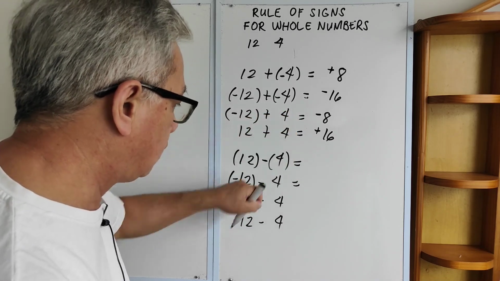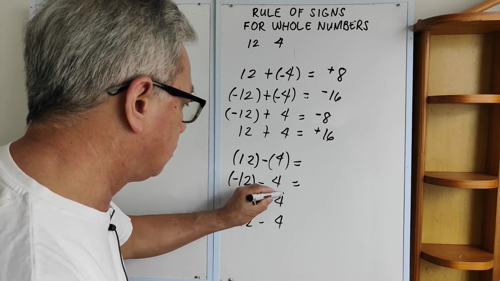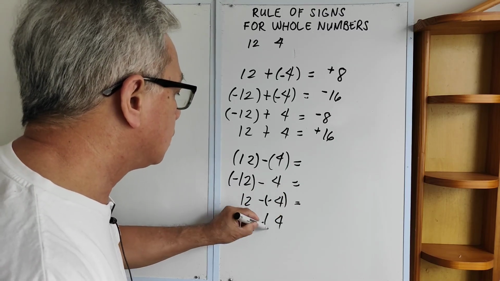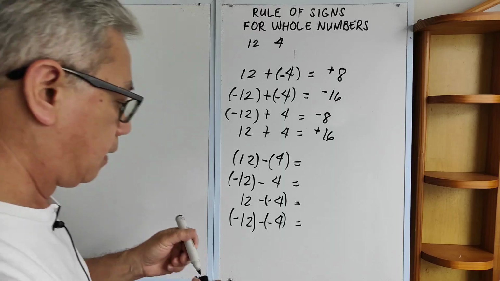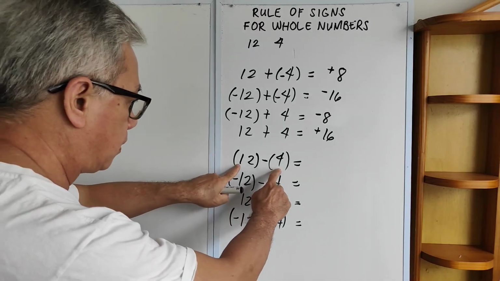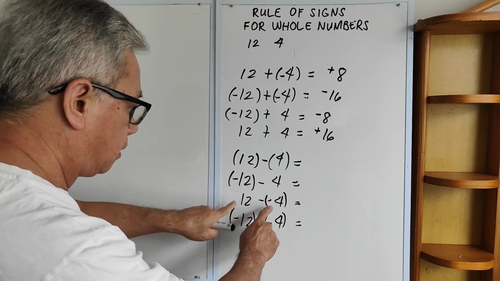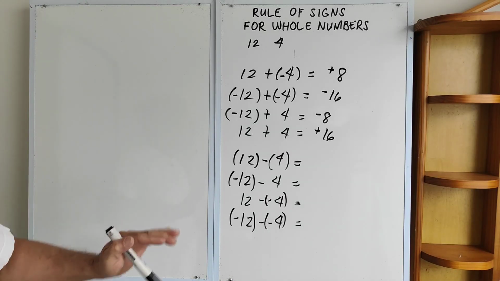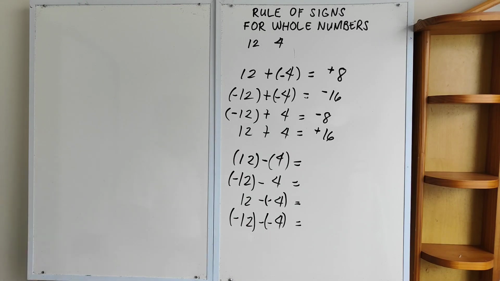In the next, the second term is negative. And in the last, both terms are negative. So: both positive, left is negative, right is negative, both negative. Okay, and then we don't do a shortcut, we have to rewrite everything.